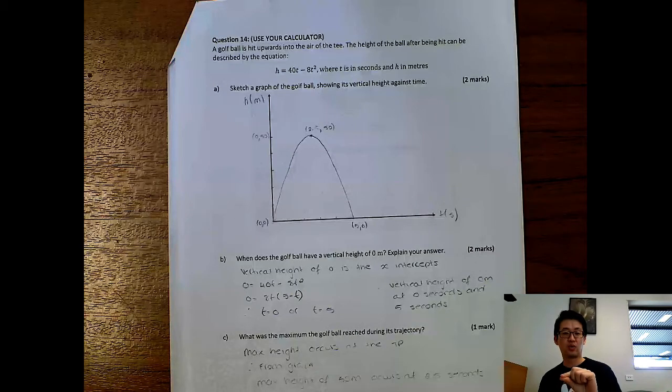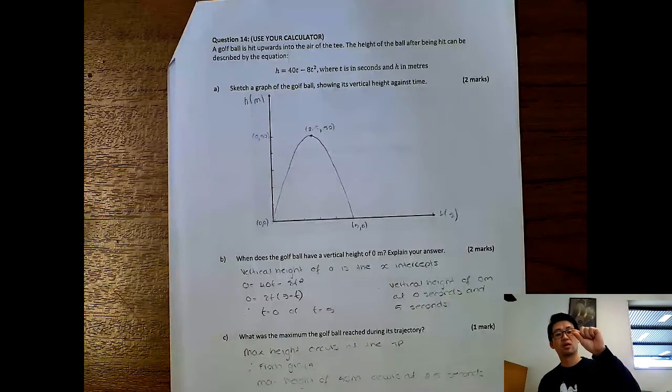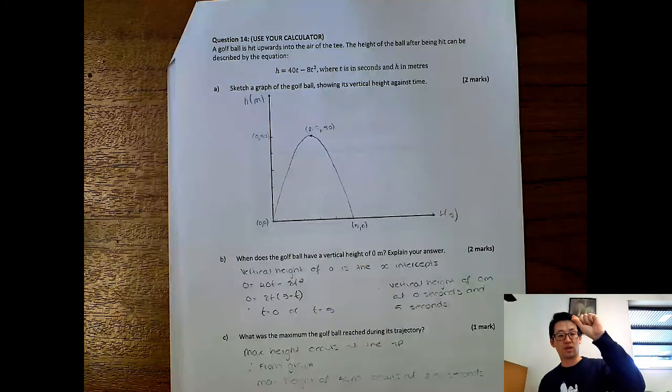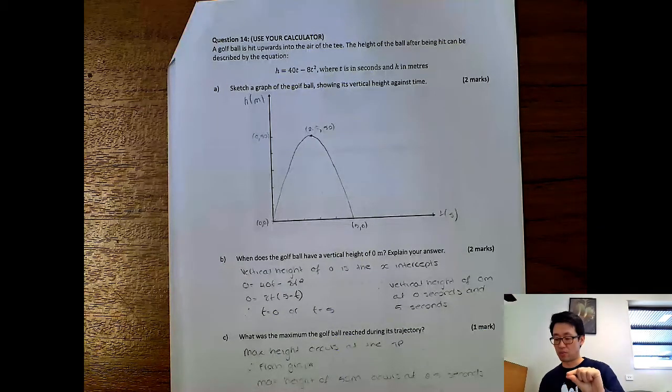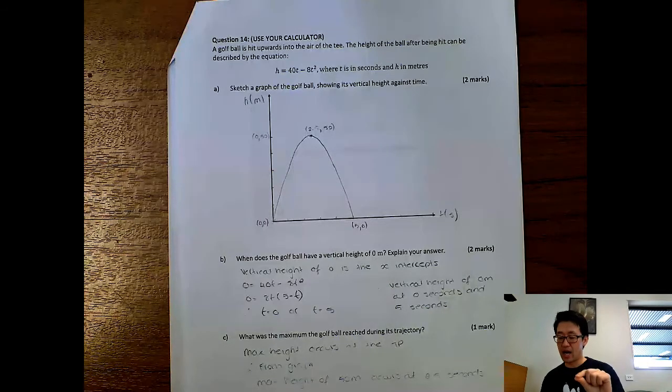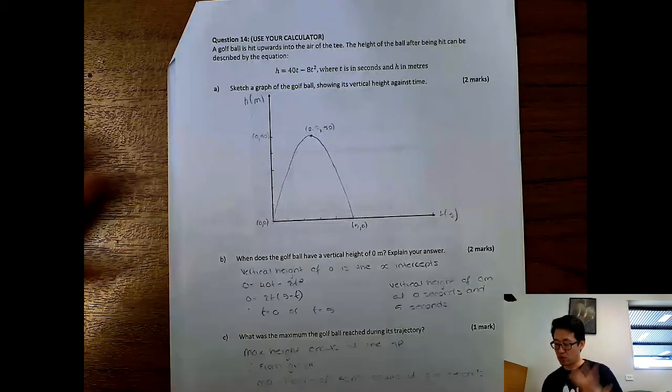Then the height will increase and get to the top, and then decrease and land. When the ball landed, the height is 0. So I will have 2 points where the height is 0. Okay, we'll leave it that way.